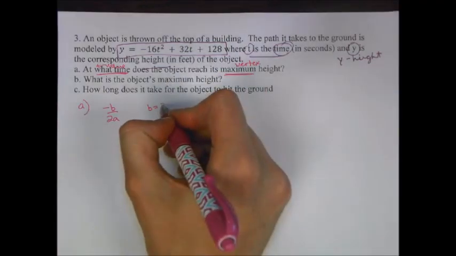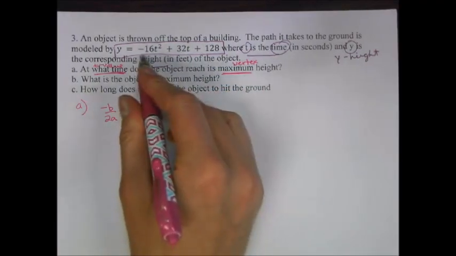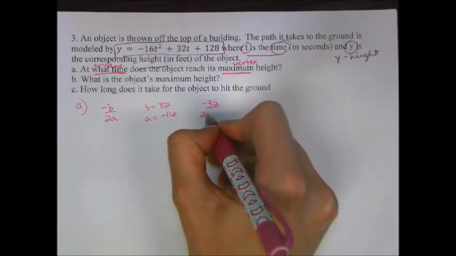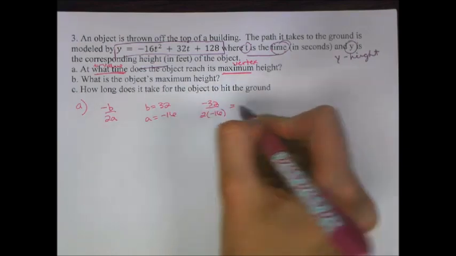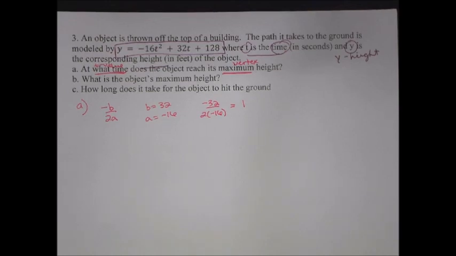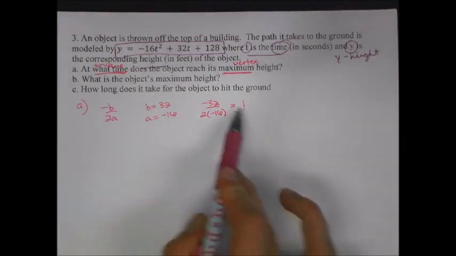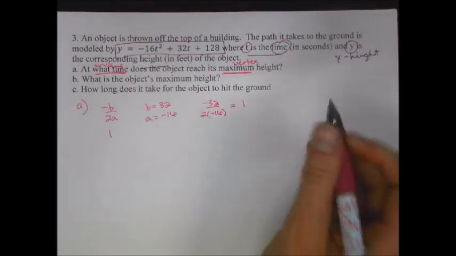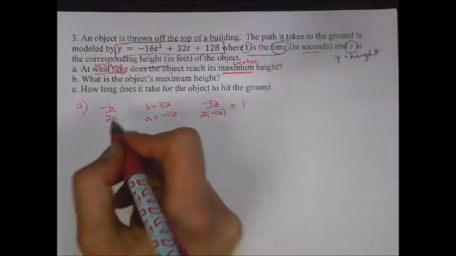B is 32. A is negative 16. So we have negative 32 over 2 times negative 16. That's positive 1. I could keep going, but this is my x value. This is my t value. So my answer is 1 second.